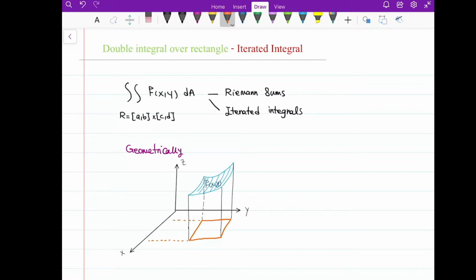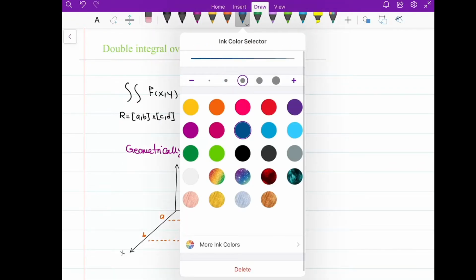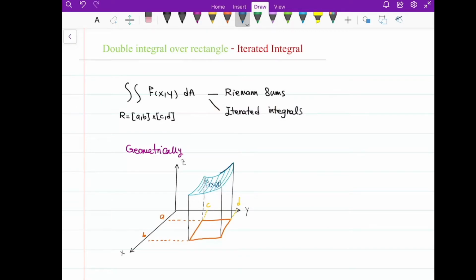So x is from a to b, and then y is from c to d, and basically this is my f. This is part of the f that is above the region R, like this. Okay, and I have the region R down here.